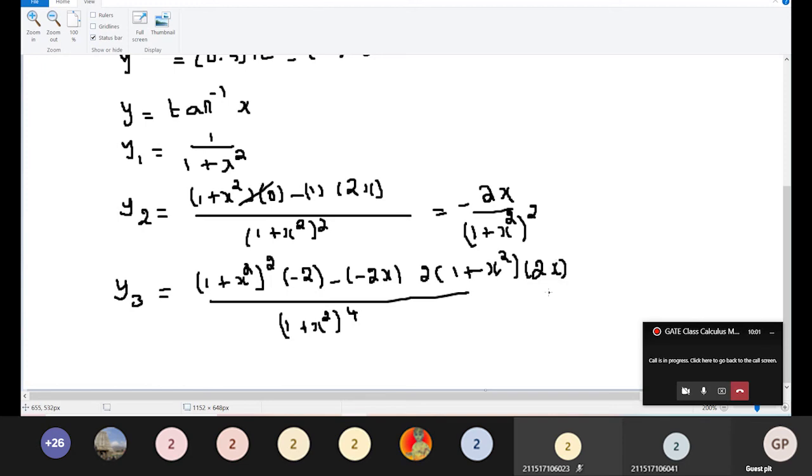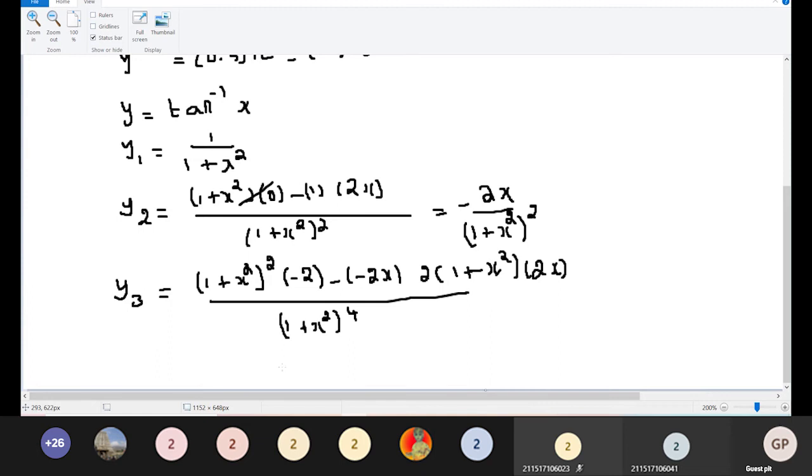You should be very careful in simplification. 1 plus x square is common in the numerator, take it outside.